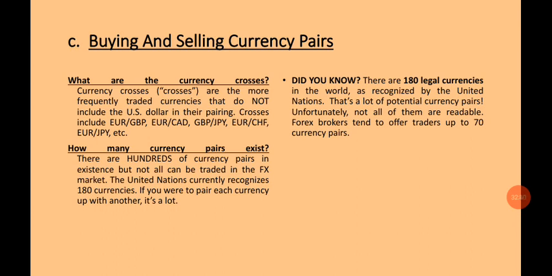Did you know there are 180 legal currencies in the world as recognized by the United Nations? That's a lot of potential currency pairs. Unfortunately, not all of them are tradable. Forex brokers tend to offer traders up to 70 currency pairs.